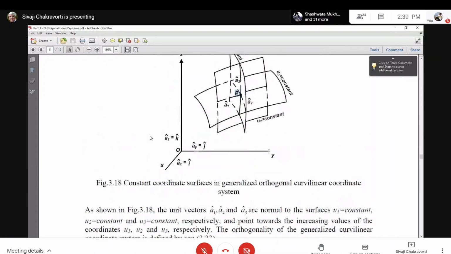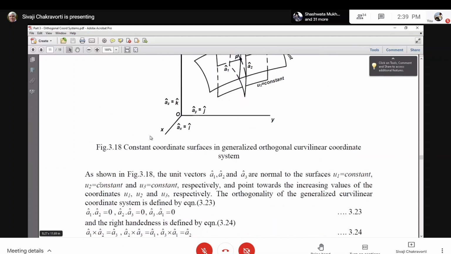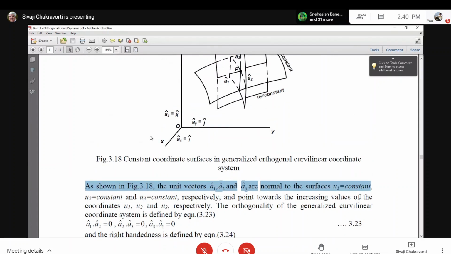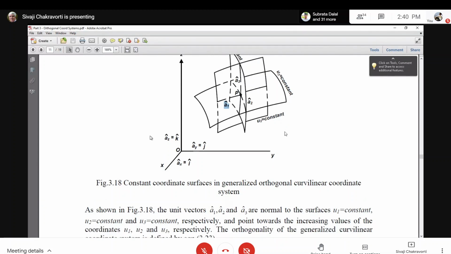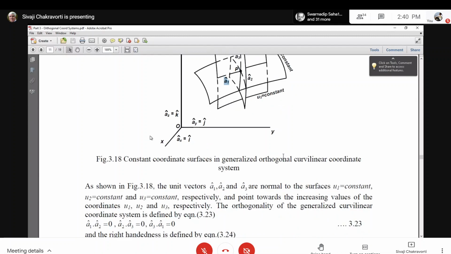Quite obviously, we have to define the unit vectors. As shown in the figure, the unit vectors are normal to the constant coordinate surfaces. That means a1 will be normal to the constant coordinate surface u1 equal to constant.